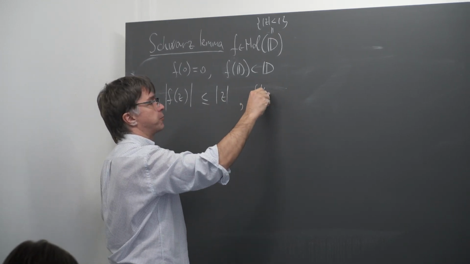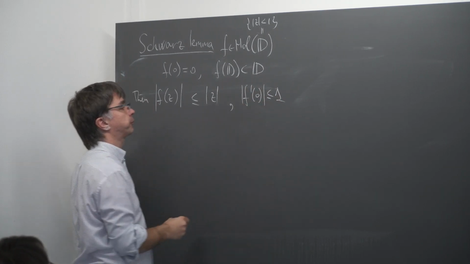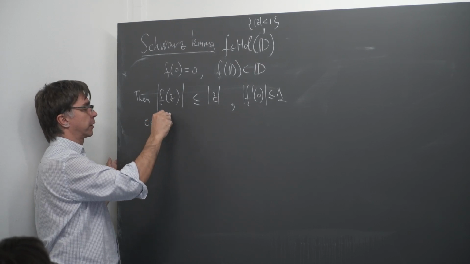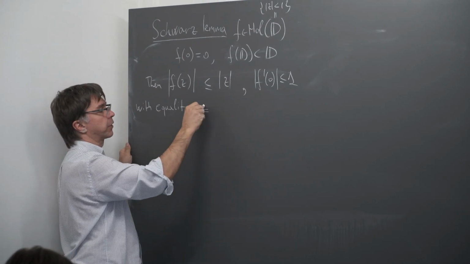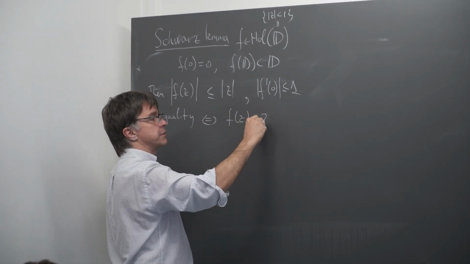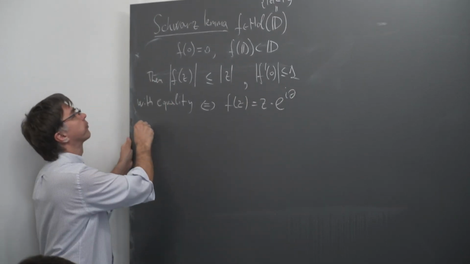Also the absolute value of f prime of 0 is no more than 1. And there is equality if and only if f of z is just a rotation of the unit disk, rotation by an angle theta.